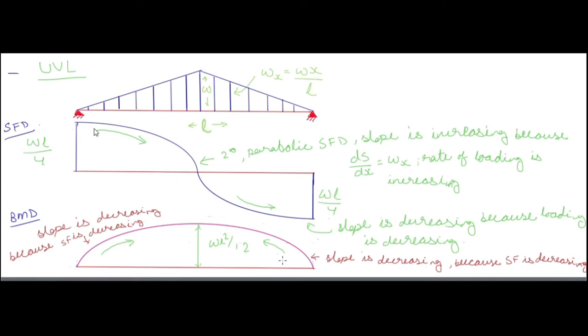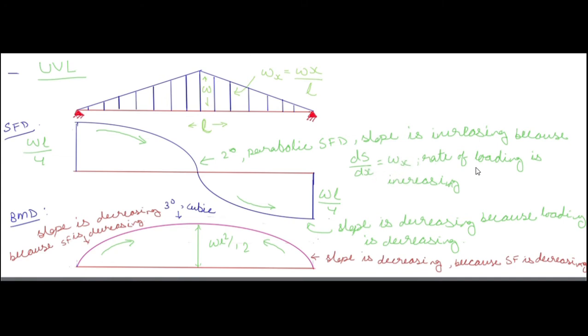Now this is parabolic, because the SFD is parabolic. So this is a 2 degree parabolic SFD. Now the slope is increasing if you are starting from the left end, because the rate of loading is increasing, meaning ds by dx is equal to Wx.